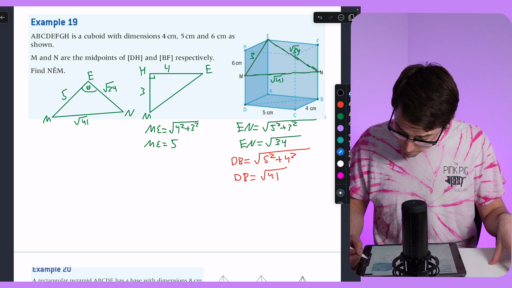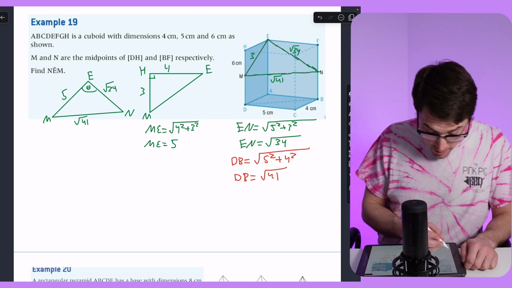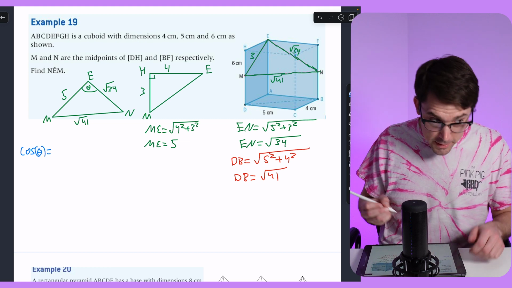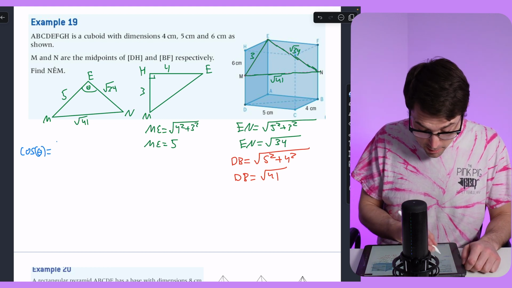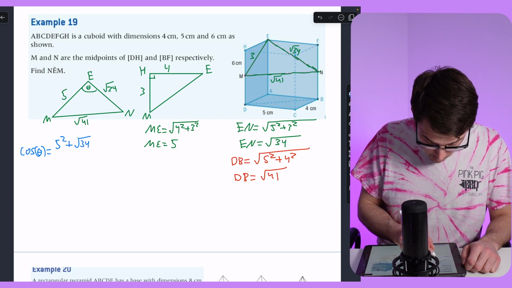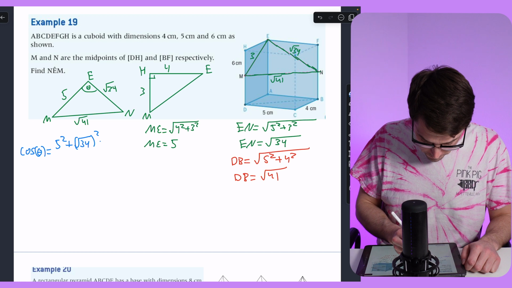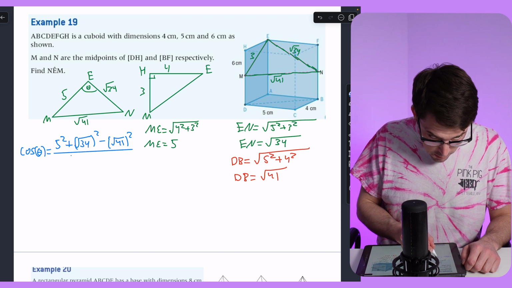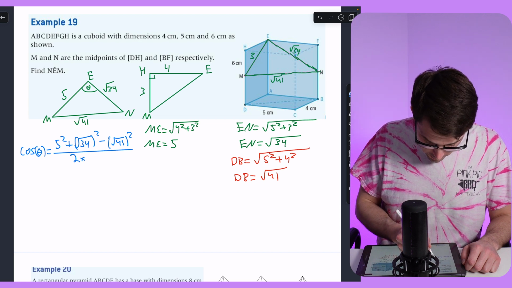So again, look in your formula packets, whatever it is that you have, and remember that the cosine of the angle is going to be equal to, at least in this case, 5 squared plus the root of 34 squared minus the root of 41 squared, all over 2 times 5 times the root of 34.